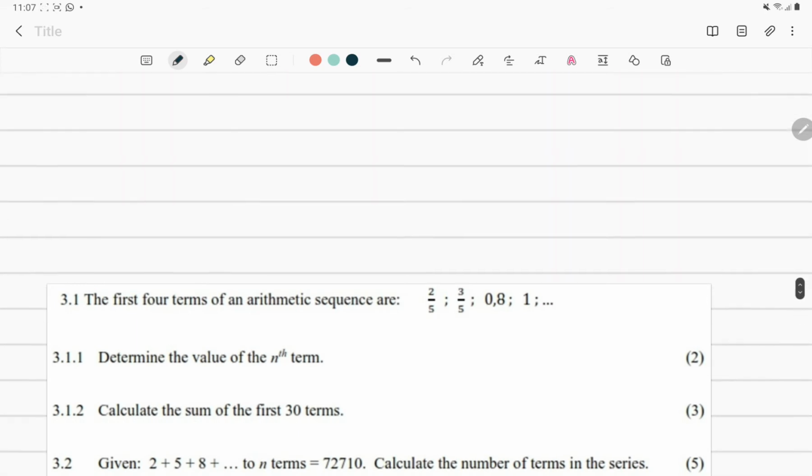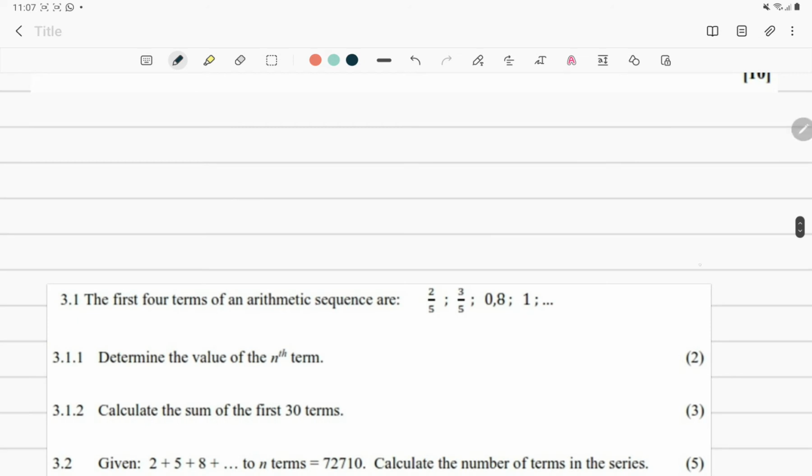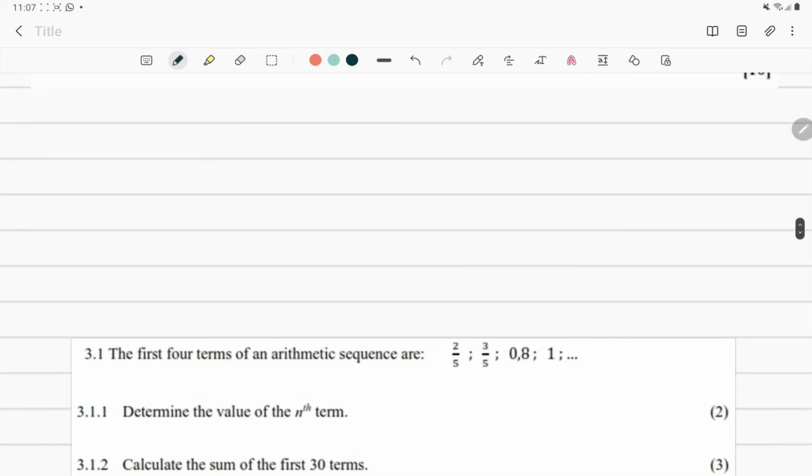As we can see in our question below, 3.1 here, in general, the nth term is given by Tn equals a plus (n minus 1)d. This is the general formula of an AS, arithmetic sequence.